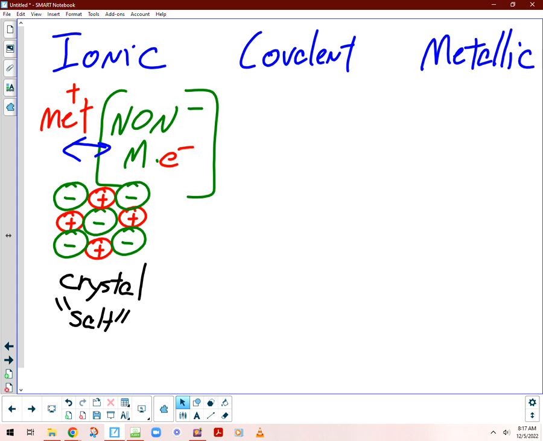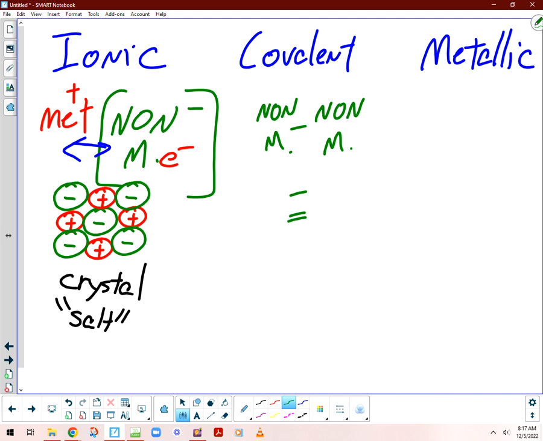Covalent compounds are going to be between nonmetals and nonmetals. And since they're all very strong, they're all very highly electronegative, what they're going to do is they're going to share electrons in either single or double or triple bonds.